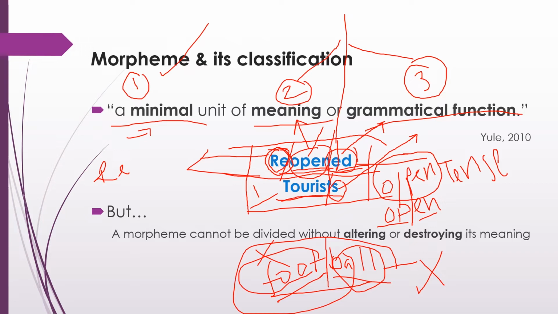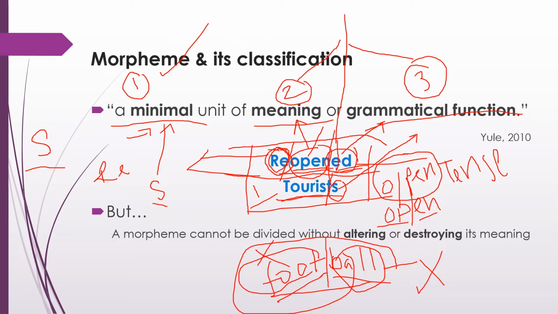Now another question should rise in your mind: if we refer to s, doesn't that breach the first condition, minimal unit? Yes, if you separate this in a completely different situation, if you just put s, then it will be breaching the minimal unit. But you should keep in mind that we are adding s after tourist. So that is another way of understanding the classification we are making of morphemes. So definitely we'll be looking at that.